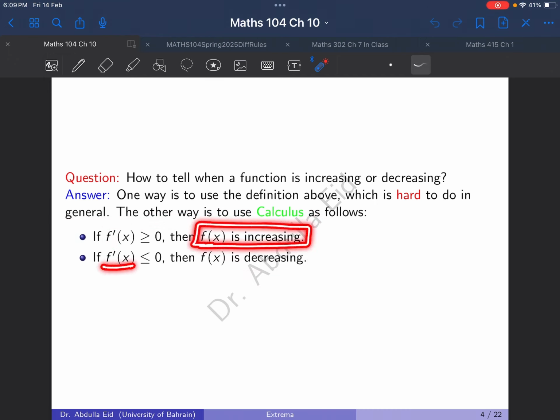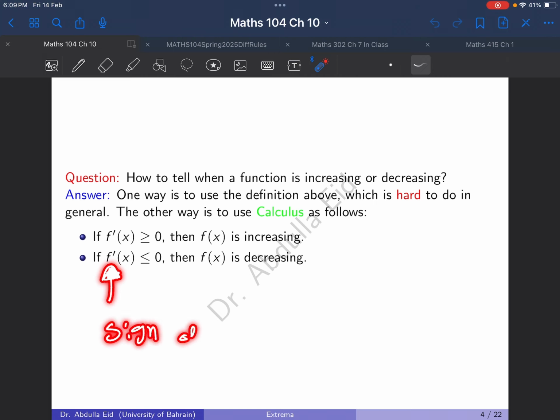So the question reduces very easily in calculus to finding the derivative and checking the sign of f prime. If the sign is positive, increasing. If the sign is negative, decreasing. So this is the first thing I would like to tell you: what is increasing, what is decreasing, and how can we tell if it's increasing or decreasing.